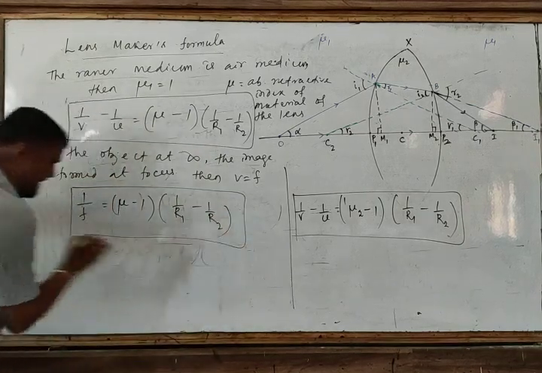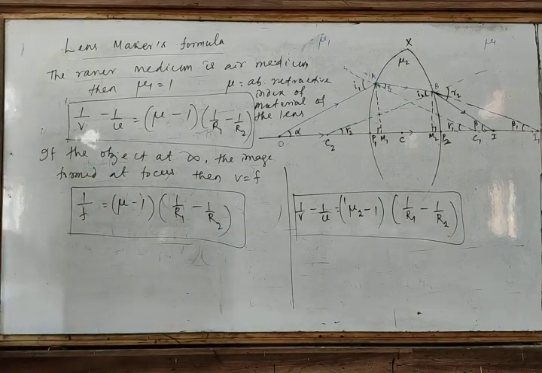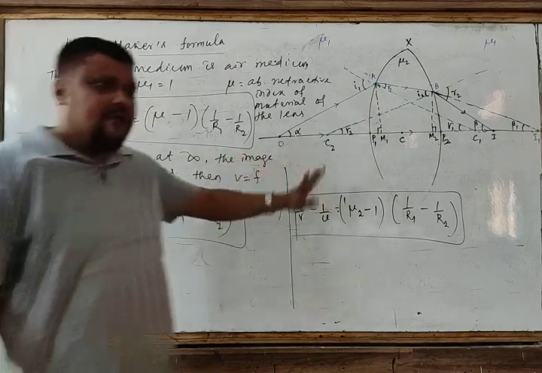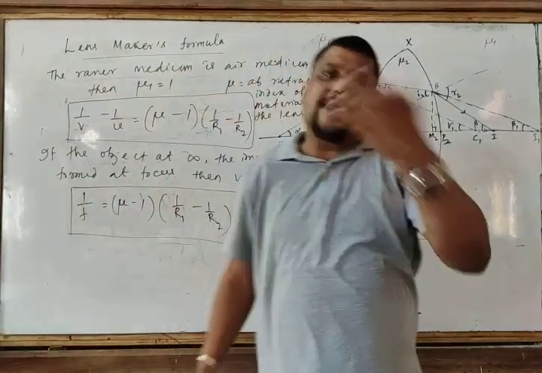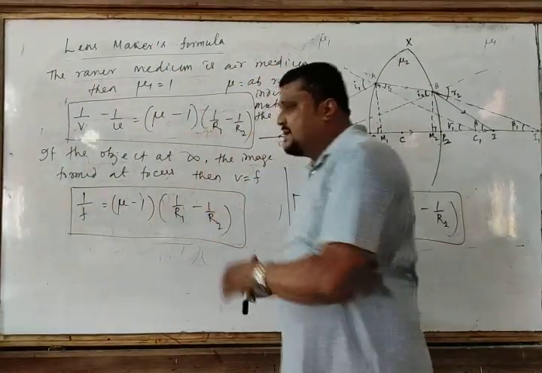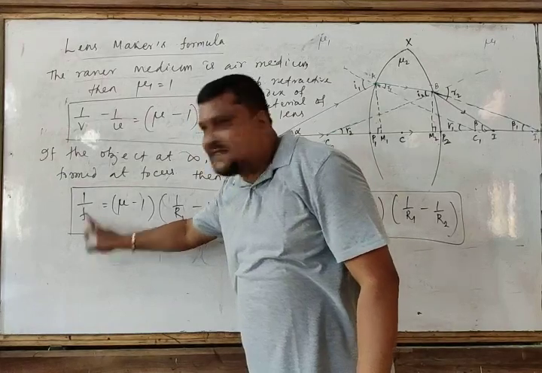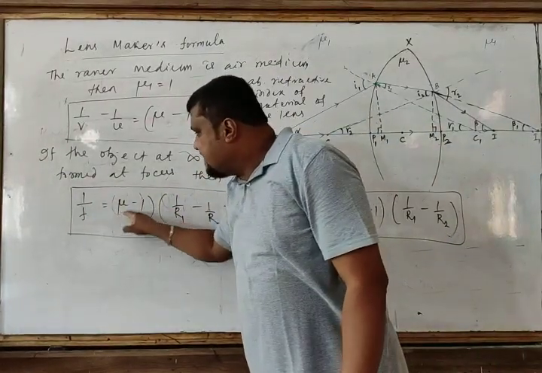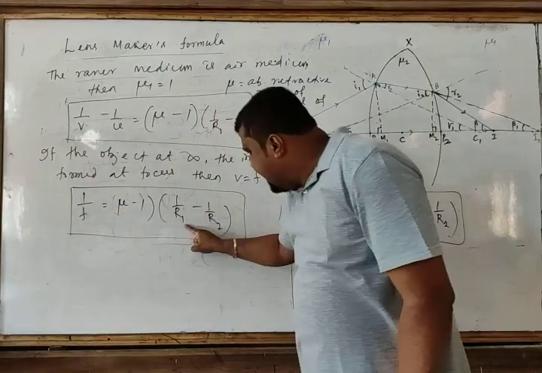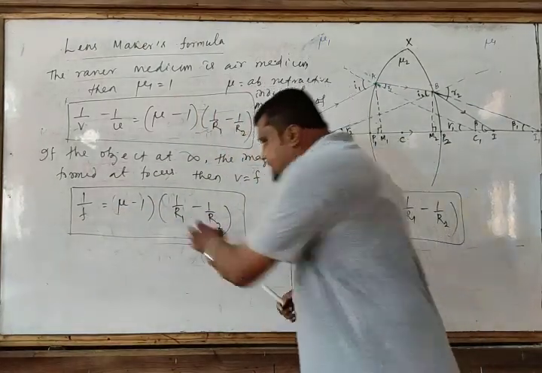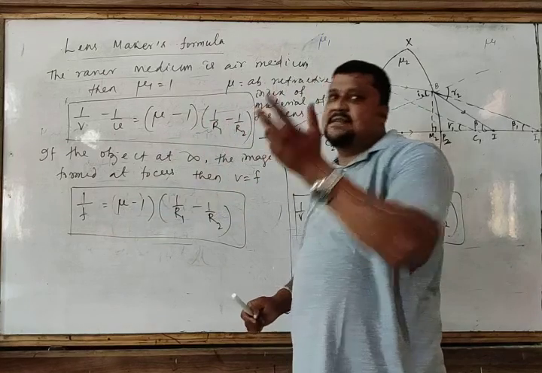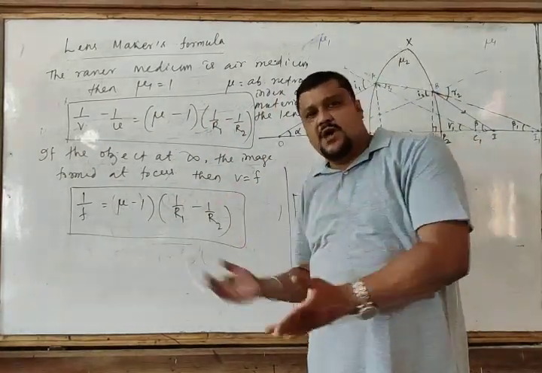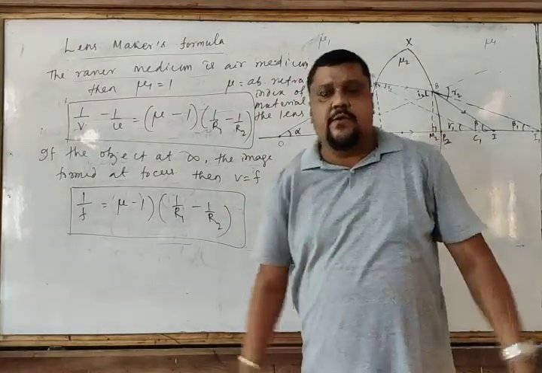Well, students, this is the required lens maker formula for a convex lens, and it is also true for a double concave lens; you will get the same relation. The focal length depends on the refractive index of the material of the lens and the radii of curvature of the two surfaces. You can solve it and get the same result. Okay, thank you.